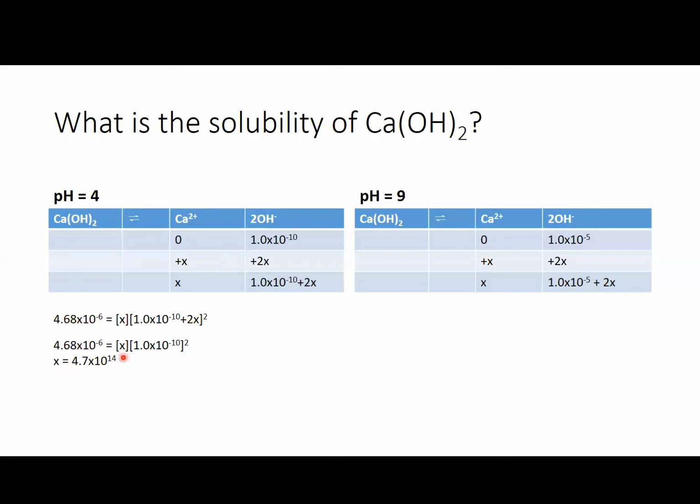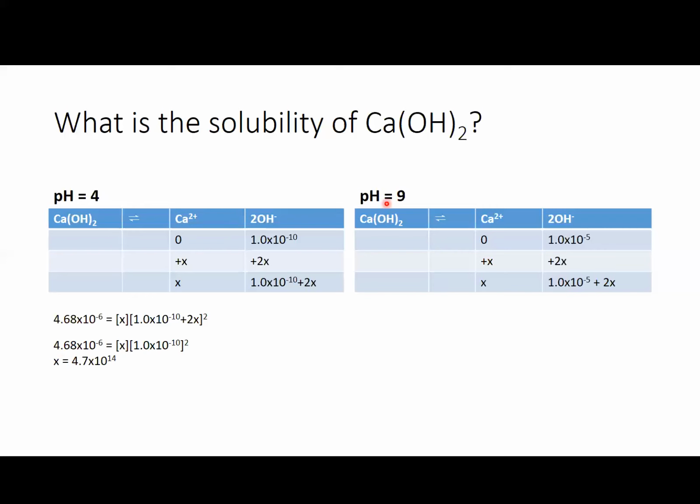That means that at pH 4, this is very, very soluble, because the concentration of this is so small, I'm basically just pulling equilibrium to the right. So my molar solubility here is very, very much to the right.